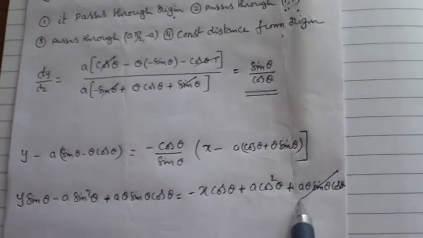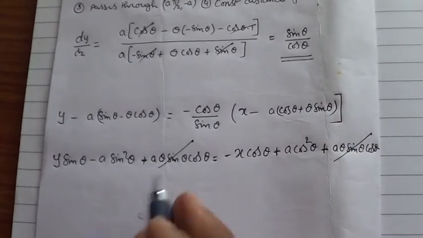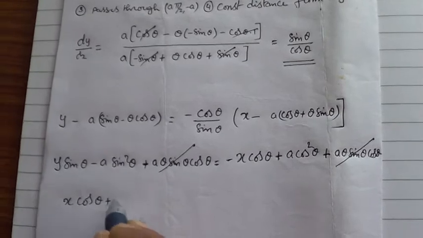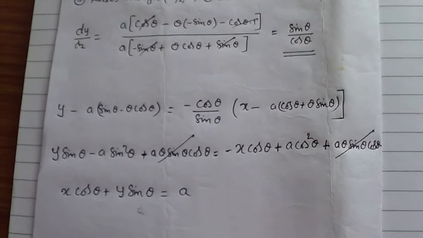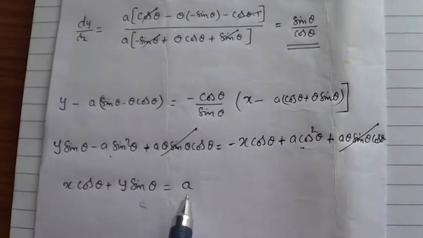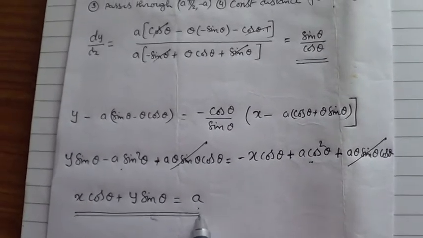Now here also a theta into sin theta cos theta, here also a theta sin theta cos theta, they cancel, then we are getting x cos theta plus y sin theta is equal to a, because a cos square theta plus a sin square theta becomes a. This is the line equation, the normal equation we got.